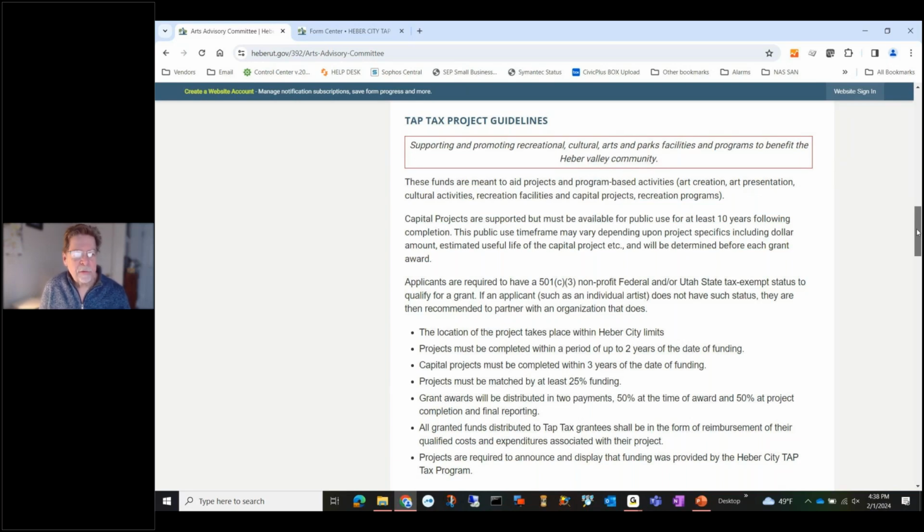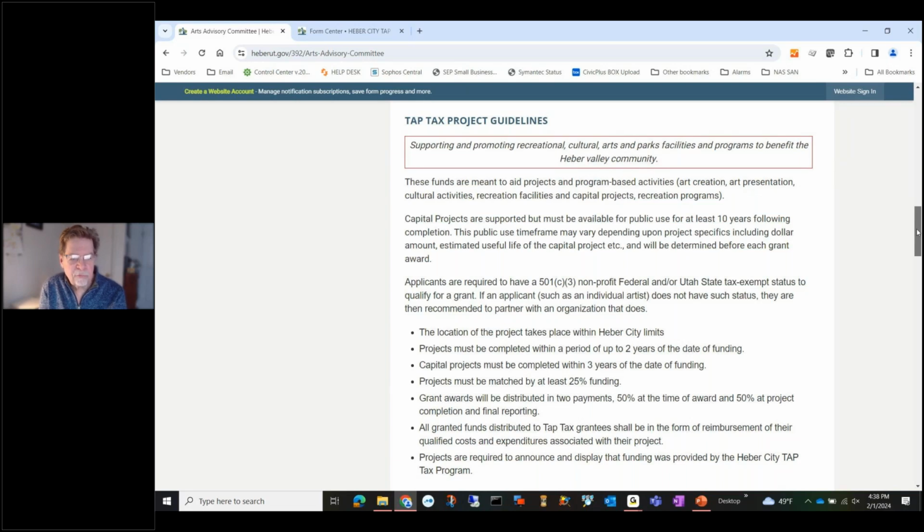With that, there is also the opportunity to apply for what we call capital projects, which are, employing the words, brick and mortar, where we're actually building infrastructure for arts and culture activities. So those are the two distinct types of projects in a broad sense.